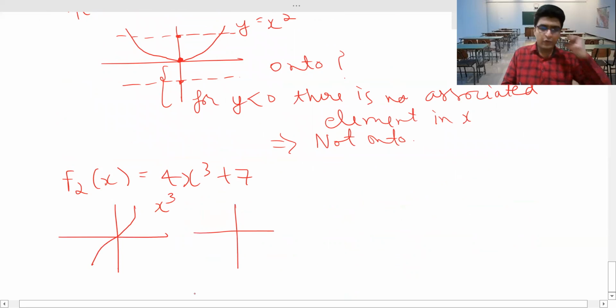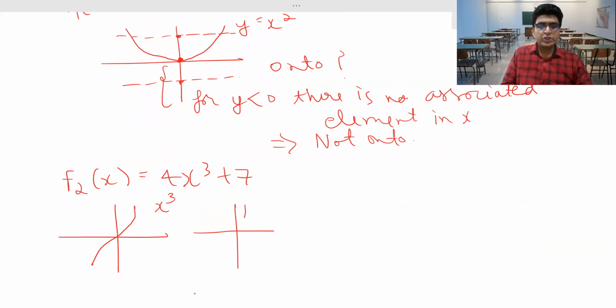If I multiply 4 to it, it will get closer to the y-axis, because earlier it was reaching 1 at 1, but now it will reach 4 at 1. And now when I add 7 to this, this function will shift up.